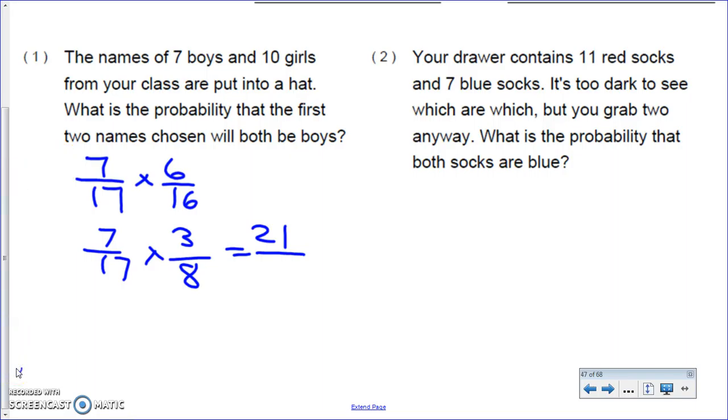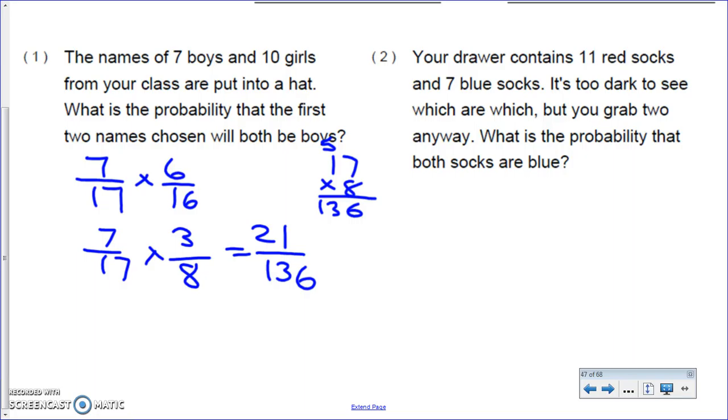Okay, so now we're going to do 7 times 3 is 21, and now we need to do 17 times 8. So then we get 21 over 136.